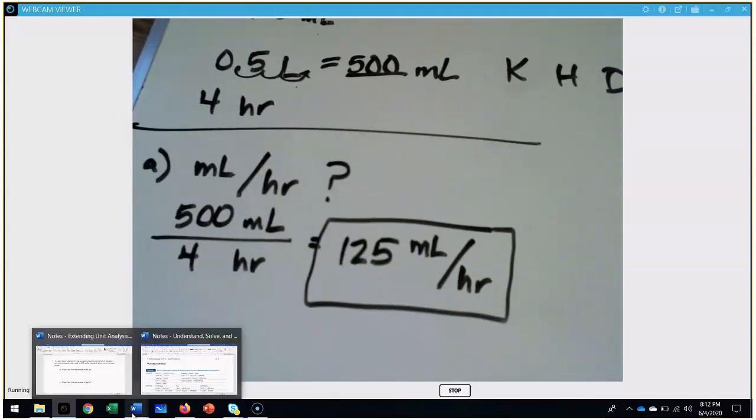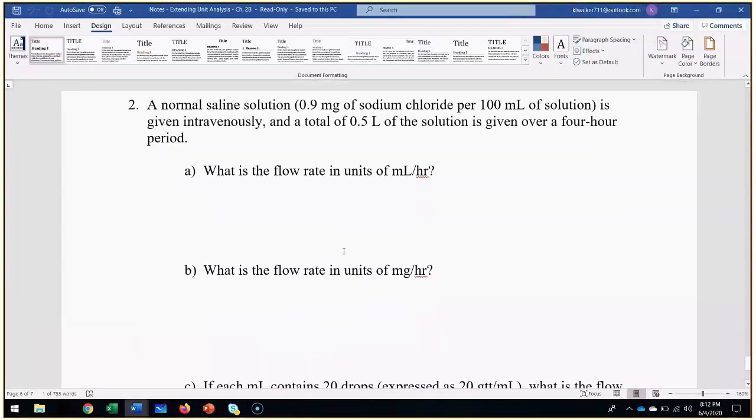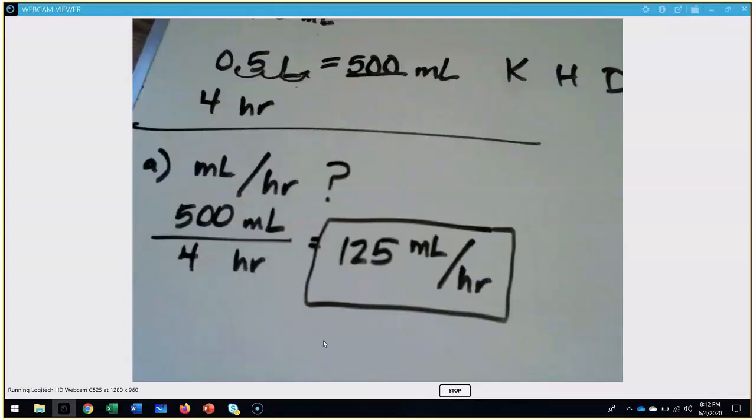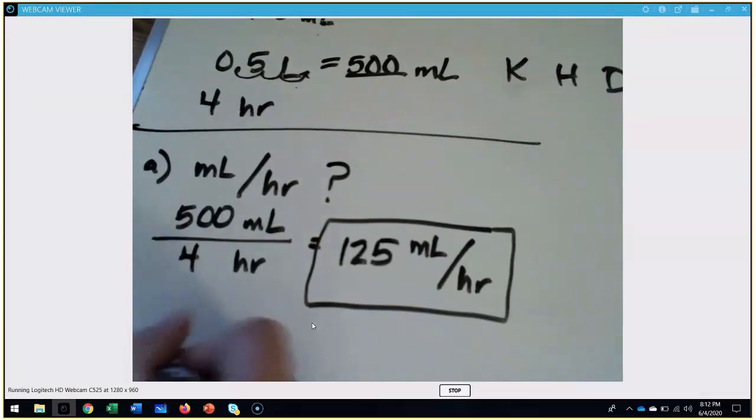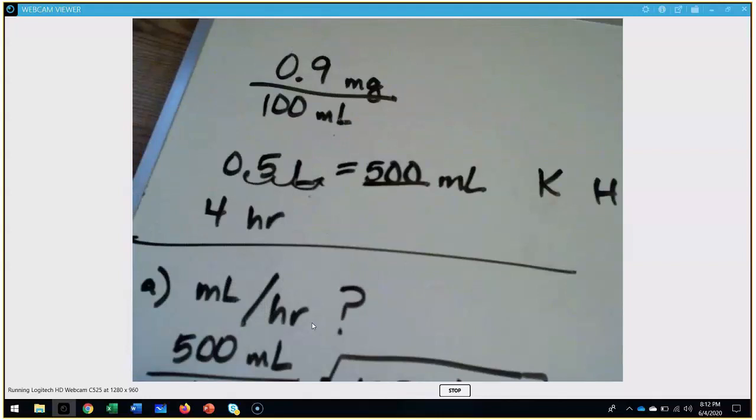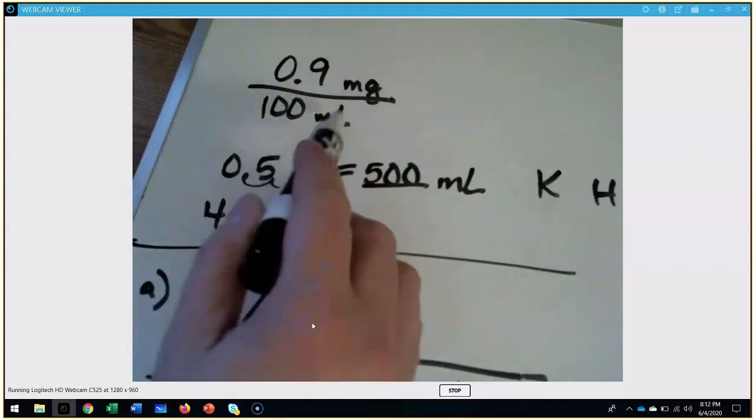That's good. Okay. So let's see what they want next. What's the flow rate in units of milligrams per hour? Okay, so now we're going to involve the milligrams from the concentration that we were given up here.